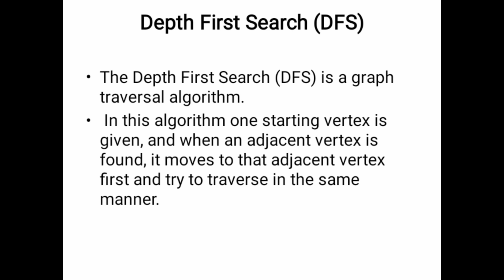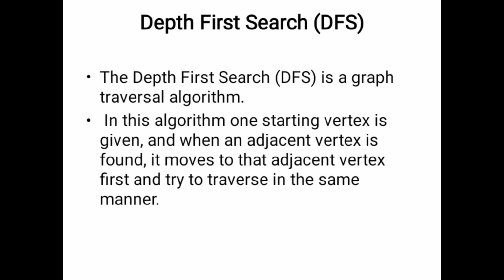The strategy followed in DFS is as follows. A vertex U is picked as a source vertex and is visited. A vertex V adjacent to U is picked and is visited, and search begins at the vertex V. There may still be some nodes which are adjacent to U but not visited.